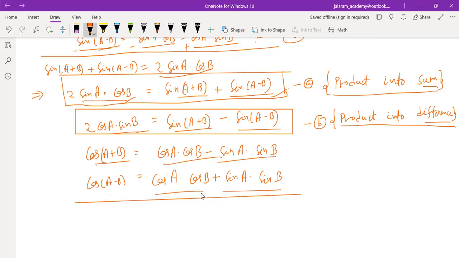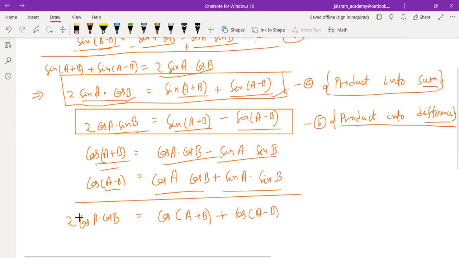So cos A cos B plus cos A cos B becomes 2 cos A cos B. And it will be equal to the sum of the terms at the left hand side, that is cos A plus B plus cos A minus B. So this is the third transformation formula which we have to learn.